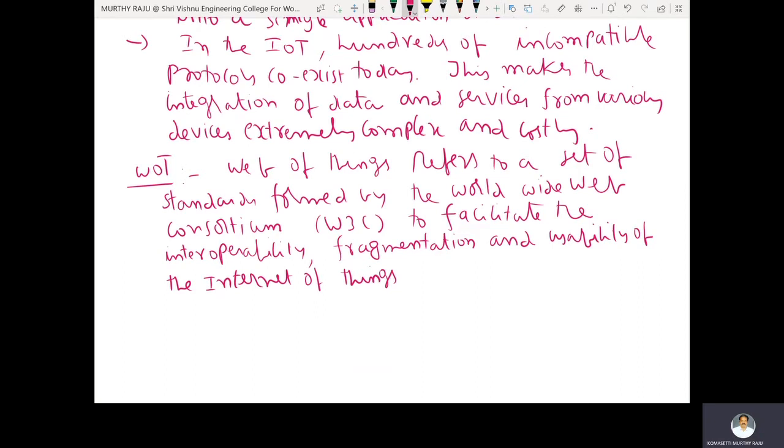Integrating all these things into a single platform is called the Web of Things.